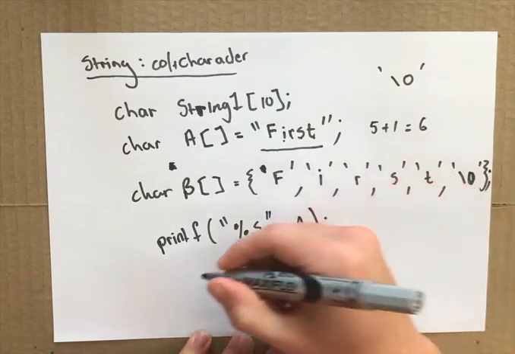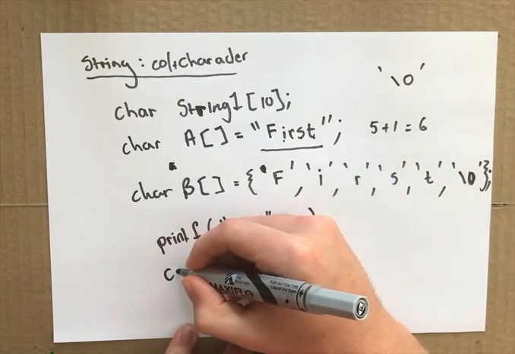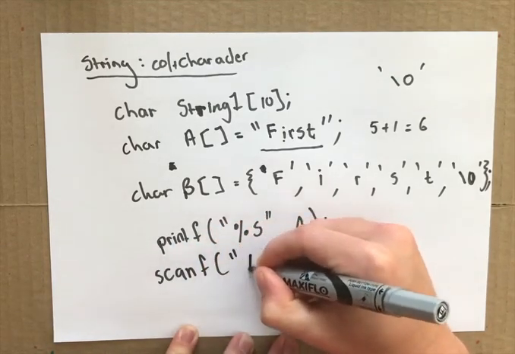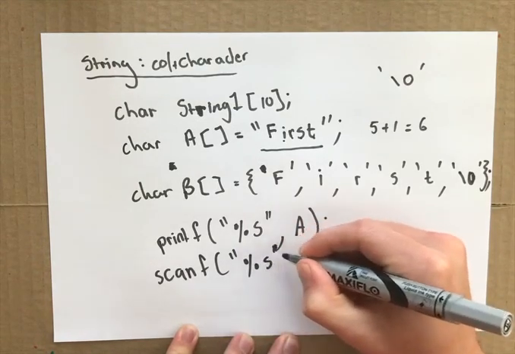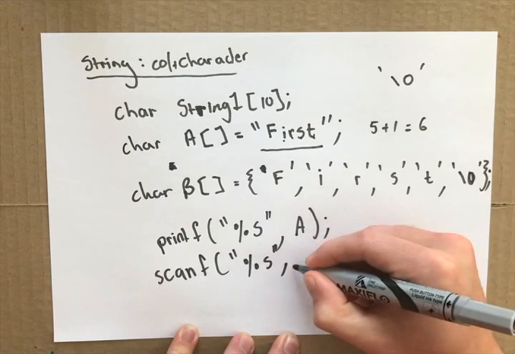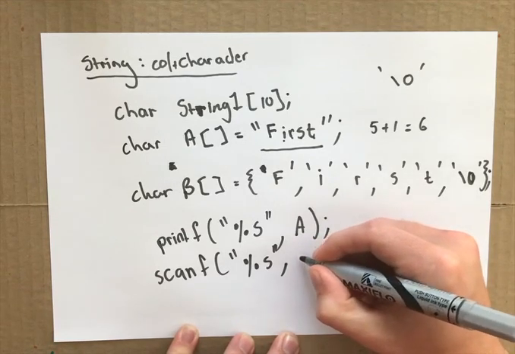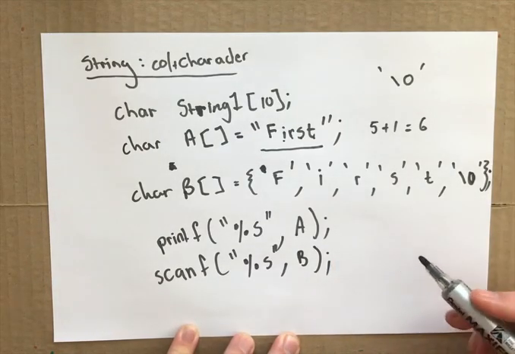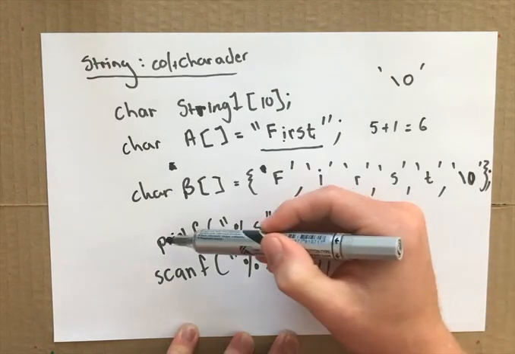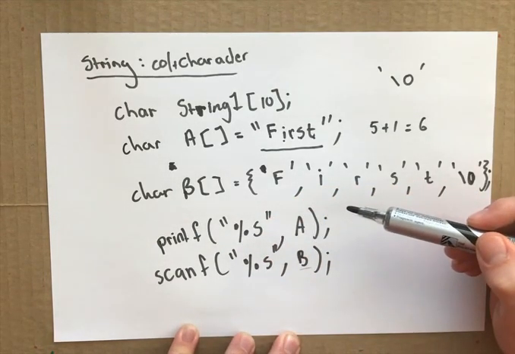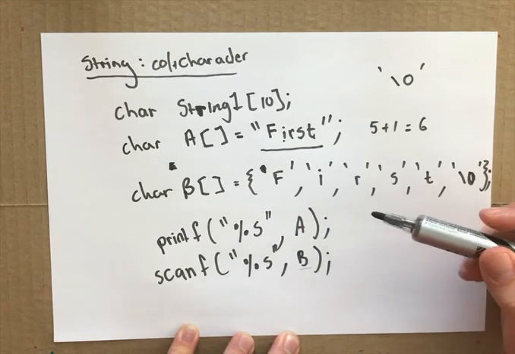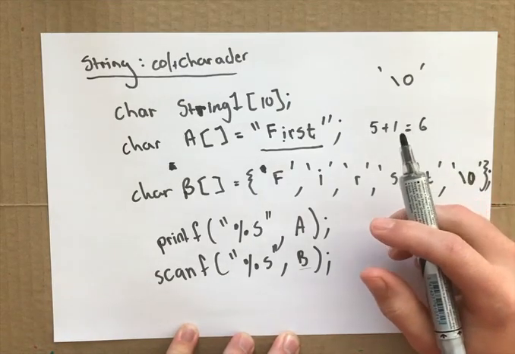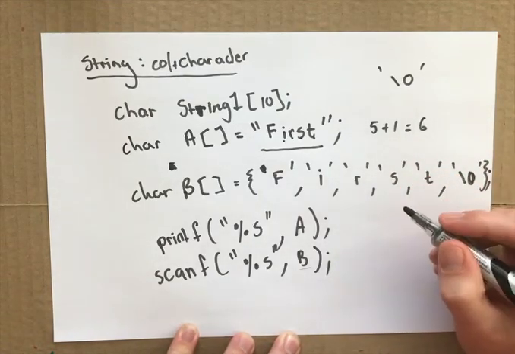If we read a string into a char array, we can use the scanf statement in the same manner. We say %s, and now there's no ampersand sign, just, let's say for instance, B. So that's how we read in a string, and that's how we print out a string. Now that you know how to create a string or a char array, you'll be able to create arrays throughout your whole program and use them.